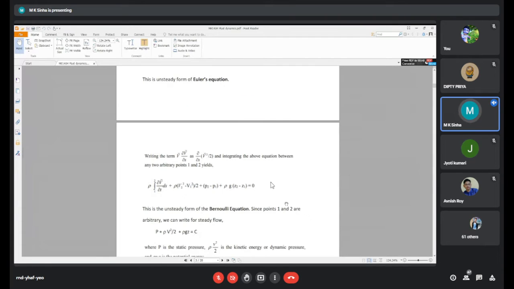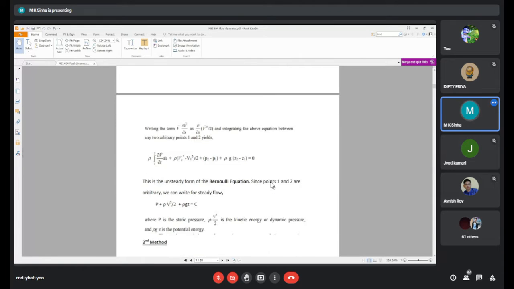And this is the unsteady form of the Bernoulli equation for two sections 1 and 2. This is very important. Generally in books, all these are written for steady state and specific conditions. Here it is written for the unsteady state.